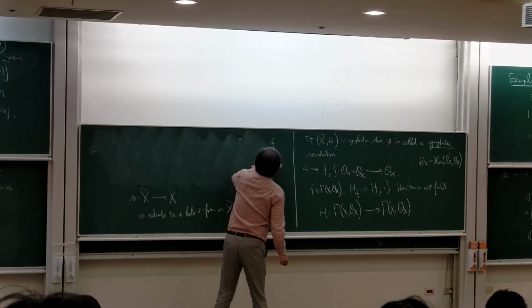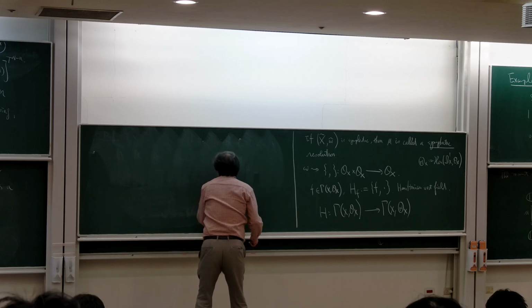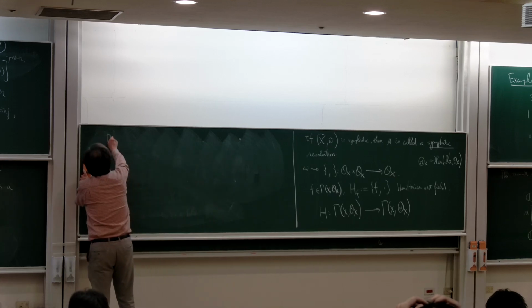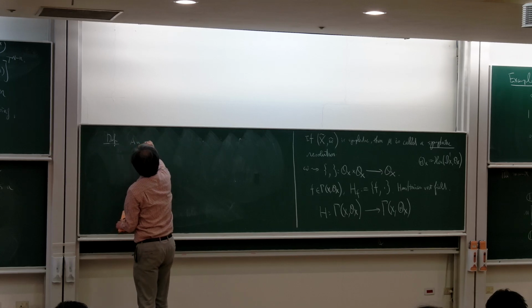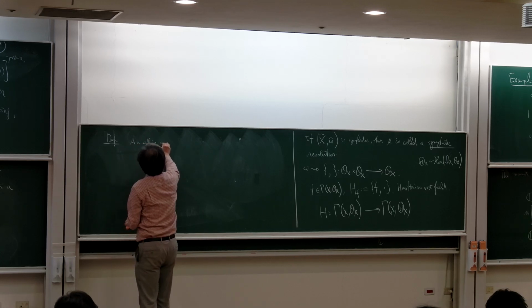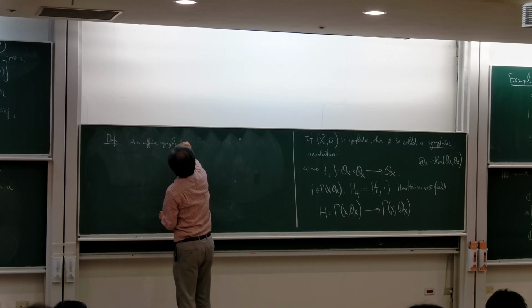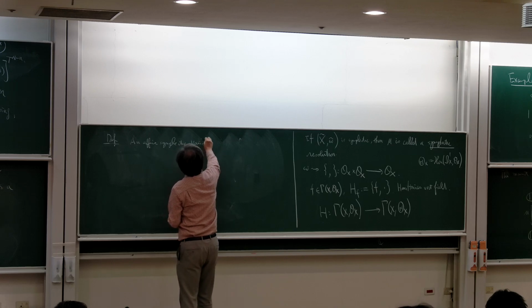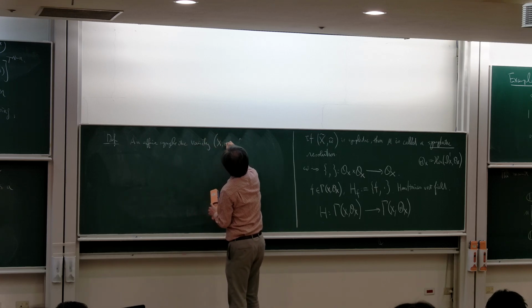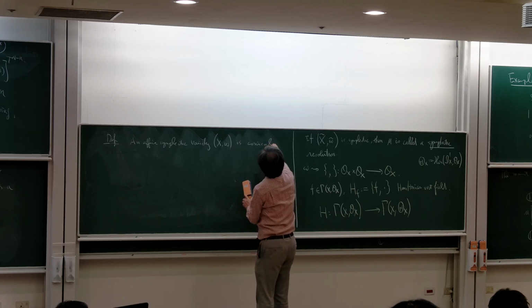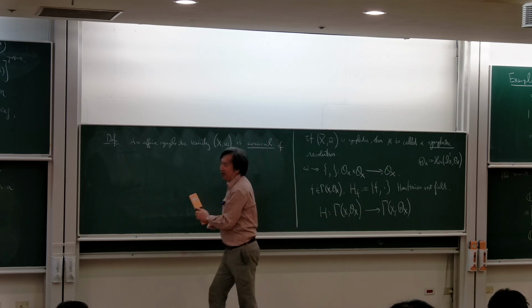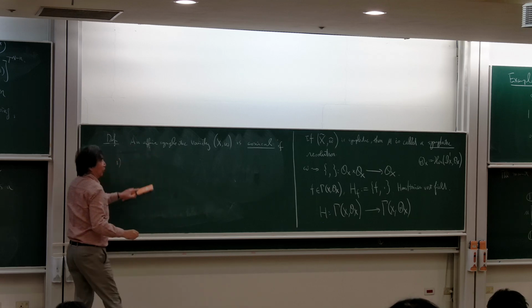So let us give one more definition. It is called conical. An affine symplectic variety (X, omega) is conical if it has a good C-star action.